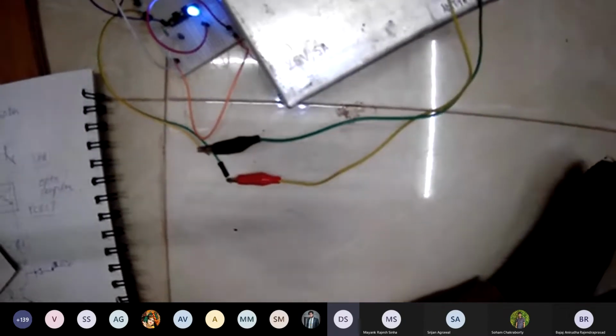For that I need to move my webcam upwards. Let me fetch. So we have the oscilloscope over here.